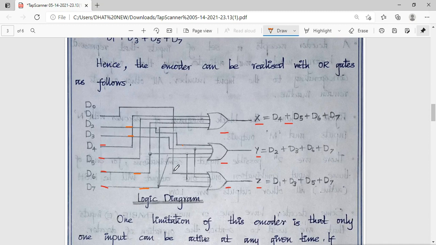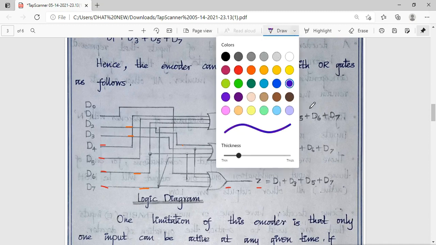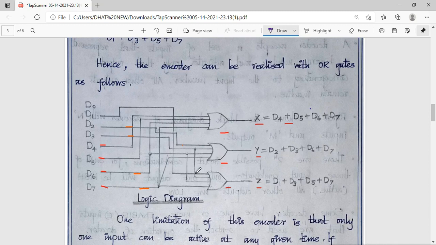These 4 lines are connected to Y. And then Z, that is D1, D3, D5, D7. These 4 lines are connected to Z. This is the logic diagram for the encoder.